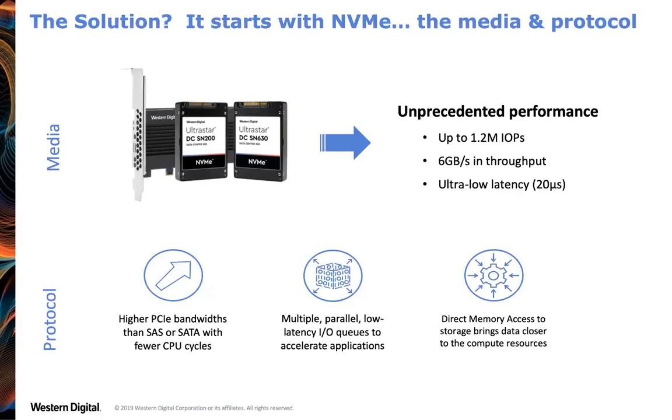Just to give you a reference point, with SAS we had 254 entries per queue, and we have a single queue, right? And then with NVMe, if you look at the protocol, you can have more than 64,000 queues, each with more than 64,000 entries. So a massive improvement versus SAS.